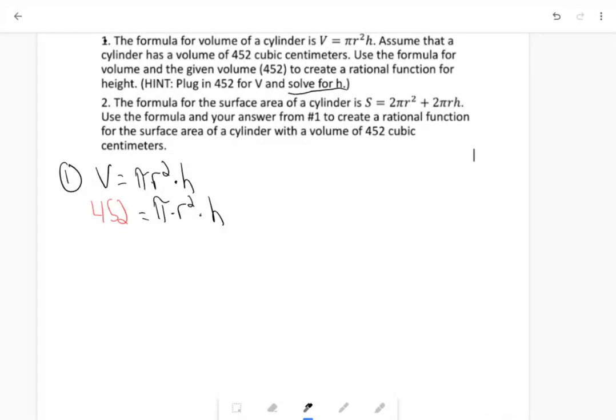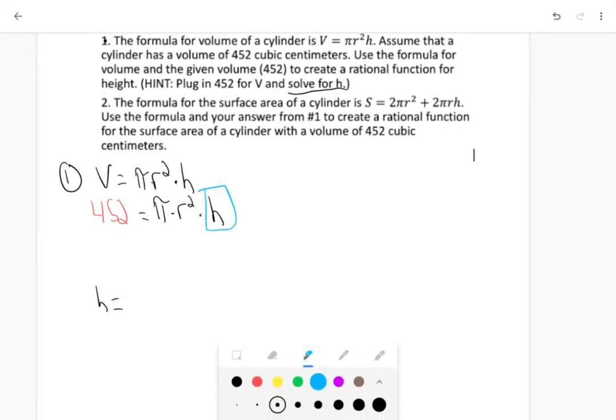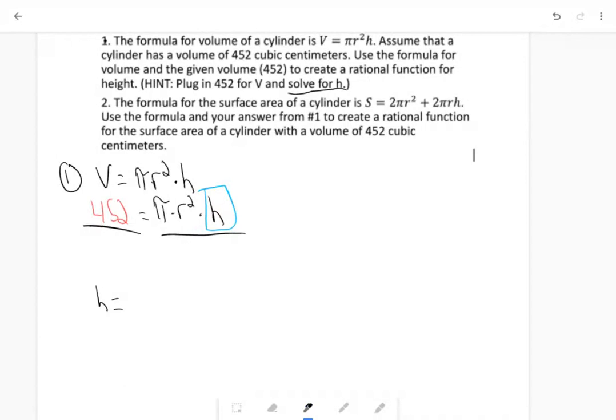That means I need to rewrite this formula so that it says h equals something. In order to get h by itself, I need to get rid of the pi and I need to get rid of the r squared. These three things on the right-hand side are all being multiplied, so to get rid of them, I have to do the opposite of multiplication, which is division.